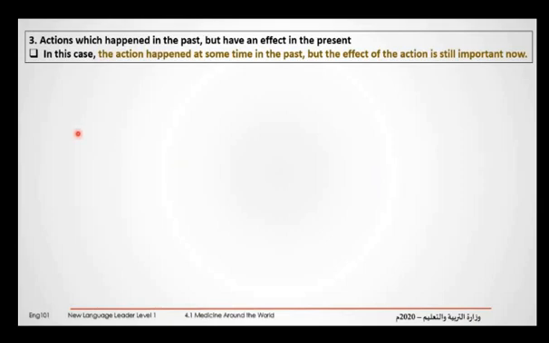We use the present perfect for actions which happened in the past but have an effect in the present. In this case, the action happened at some time in the past but the effect of the action is still important now.